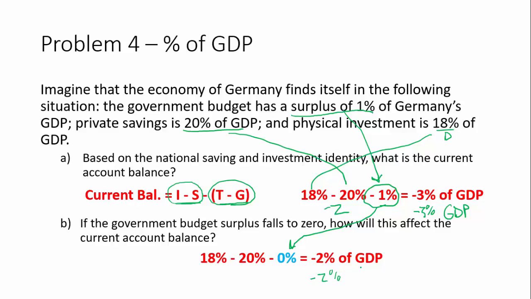Then in our national saving and investment identity, we're going to be saving, in this case, 2% of GDP. The way the numbers are set up in this one, it looks like a negative GDP, which looks like negative saving, but it's actually negative investment. Investment is the demand side. So anyway, it's a negative 2% of GDP as the answer on that.